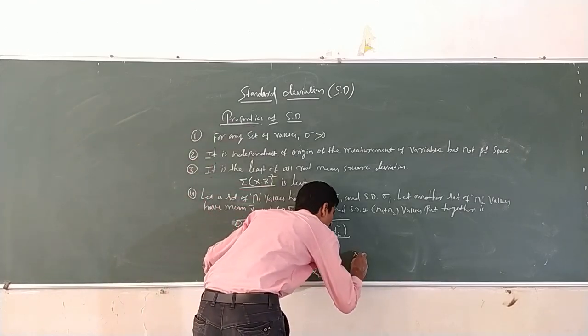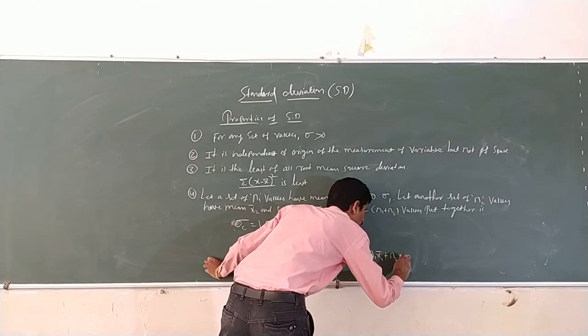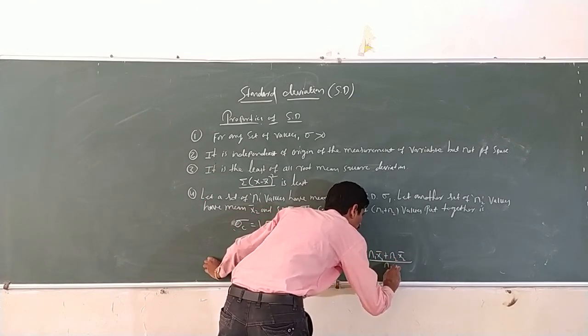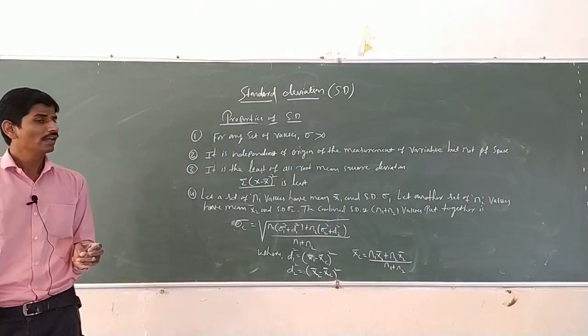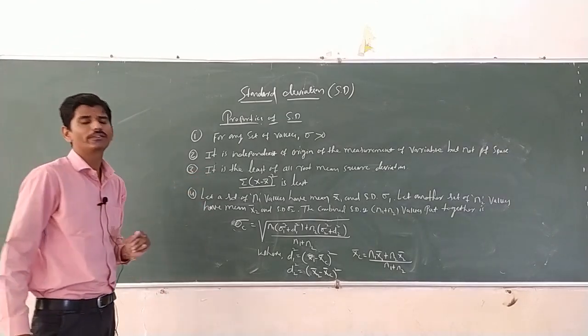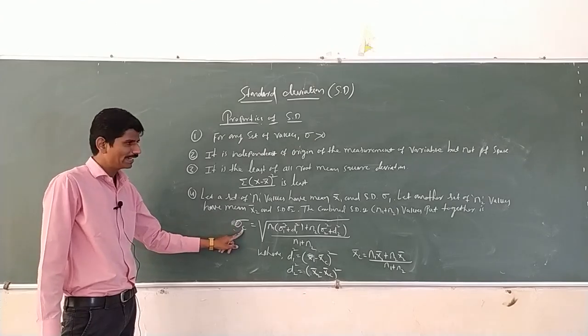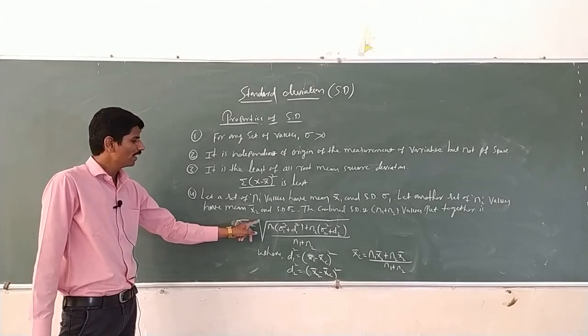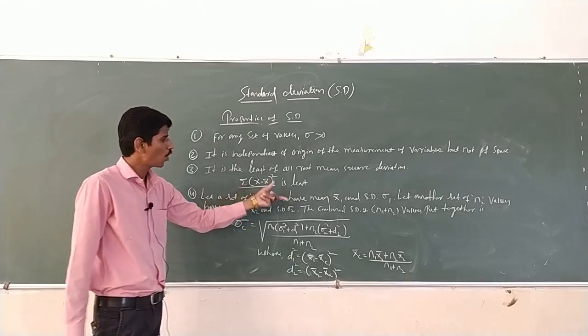X bar c is the combined arithmetic mean, that is (n1 x1 bar plus n2 x2 bar) by (n1 plus n2). What is the fourth property? Suppose two standard deviations and two sets of observations are given, then you have to use the combined standard deviation formula, sigma c, where c indicates combined, that is the square root of n1 into sigma 1, where a set of n1 values has mean x1 bar and sigma 1.